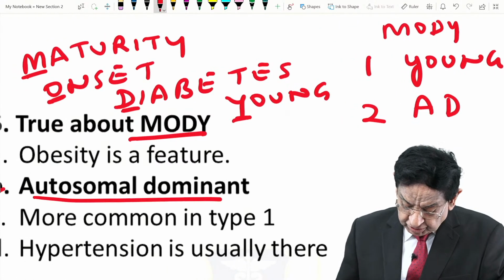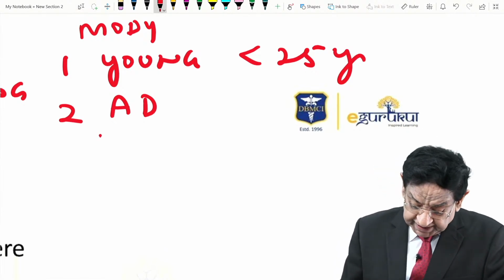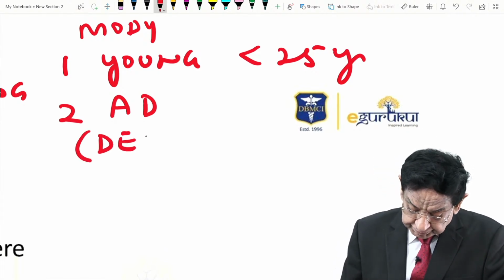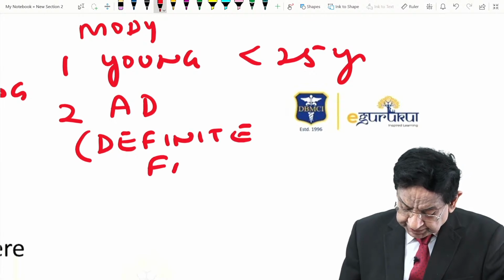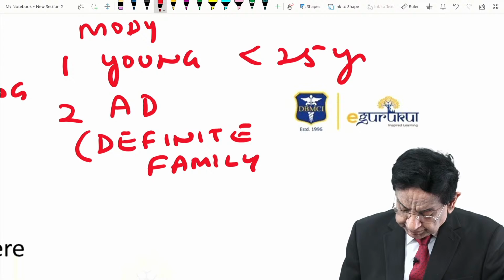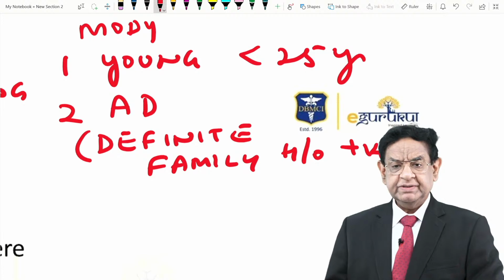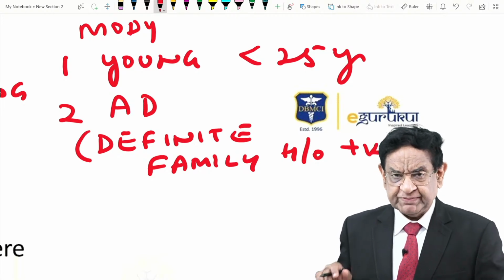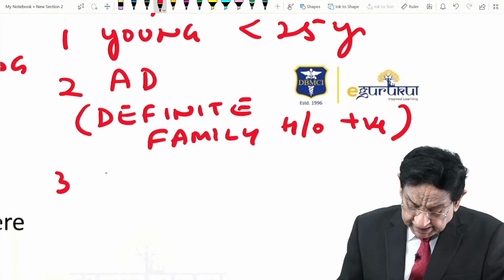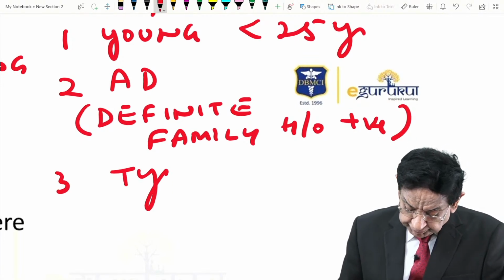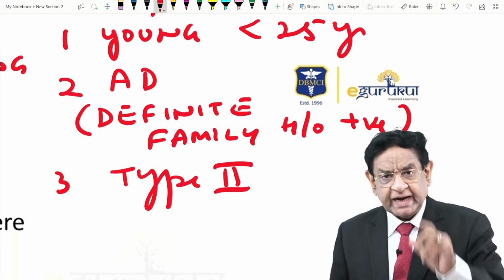That means the family history will definitely be positive in these cases because it's dominant. It's a kind of type 2 diabetes.